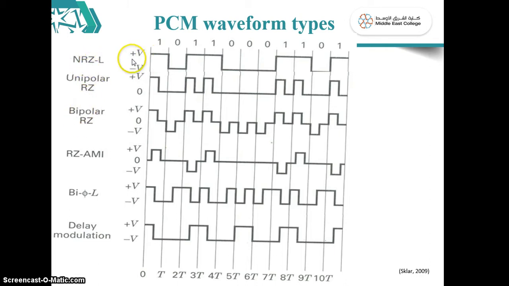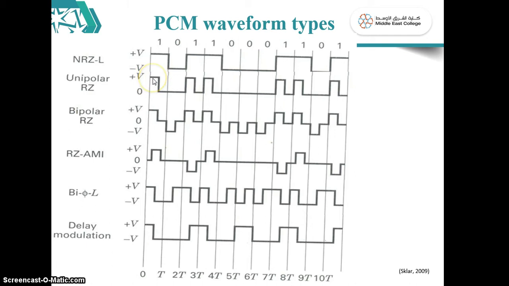Non-return to 0 means there is a 1 or a 0, both are represented, but the signal will not come back to 0 before the end of the interval. Return to 0 is when it does come back.